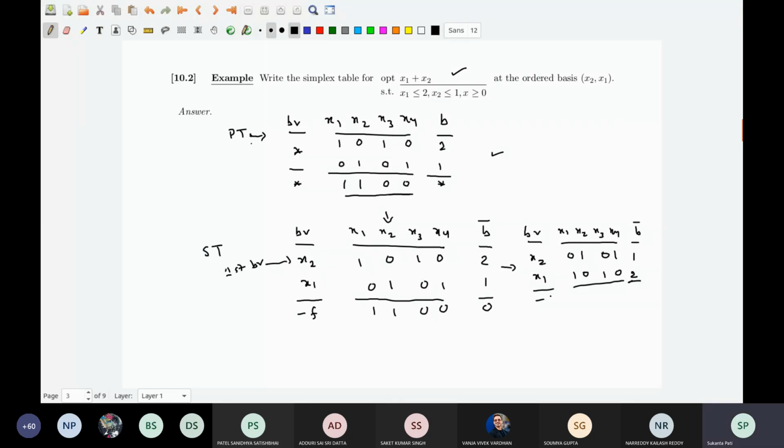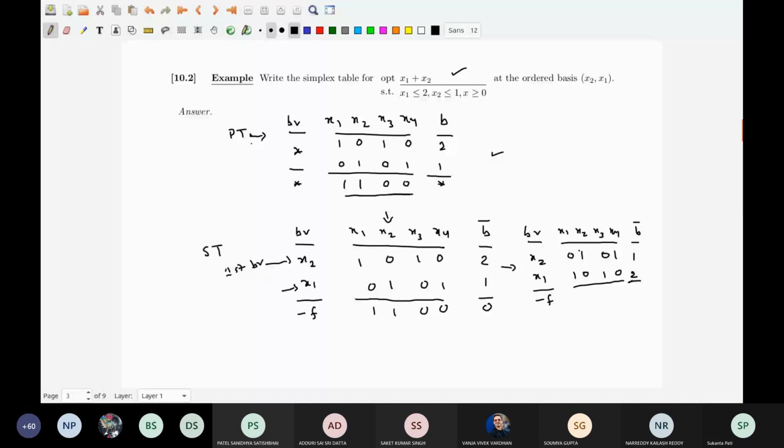This is minus f. Now also the second basic variable, the column below that should look like E2, a 0 1 type. This is already there, so that part is done.